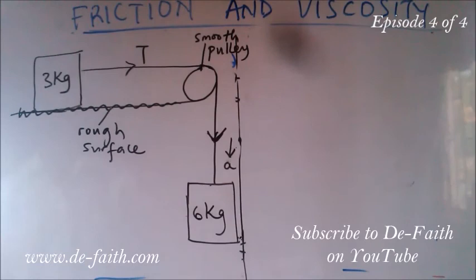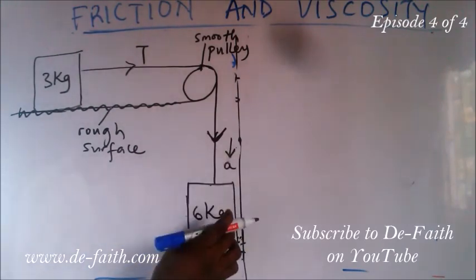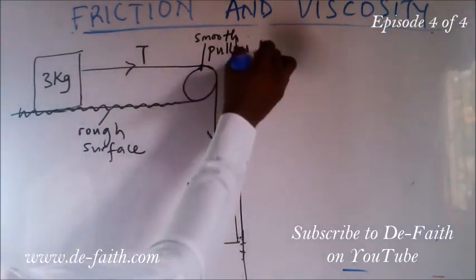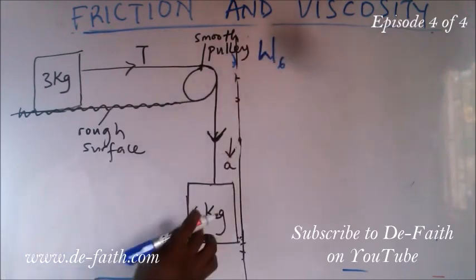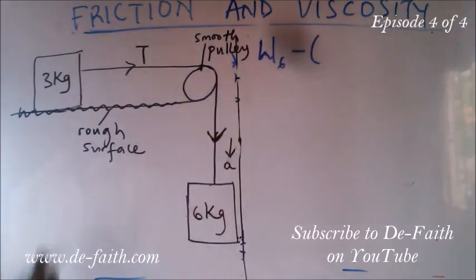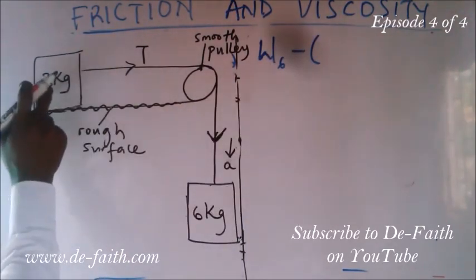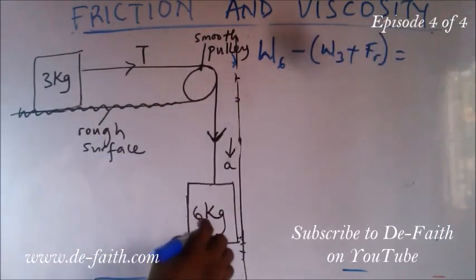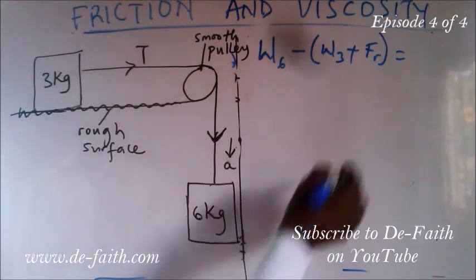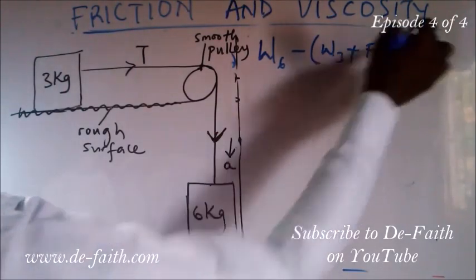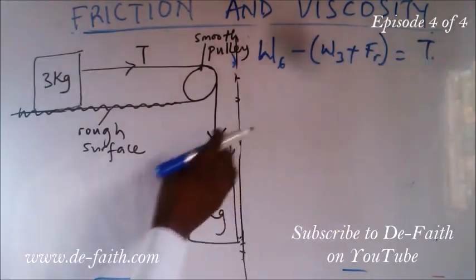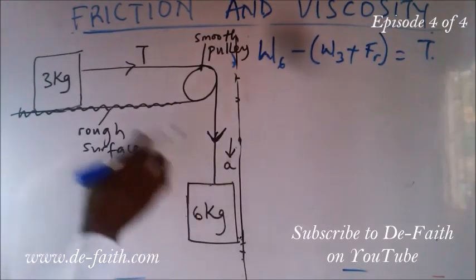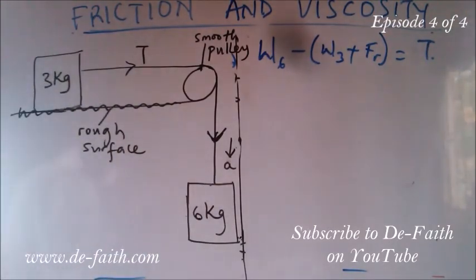And so we'll take it that for there to be a movement, the weight of the 6 kg must be able to overcome the addition of this weight and this frictional force before we can derive its acceleration. So let's call this T. For it to be able to move, this particular weight must outweigh these two impediments.